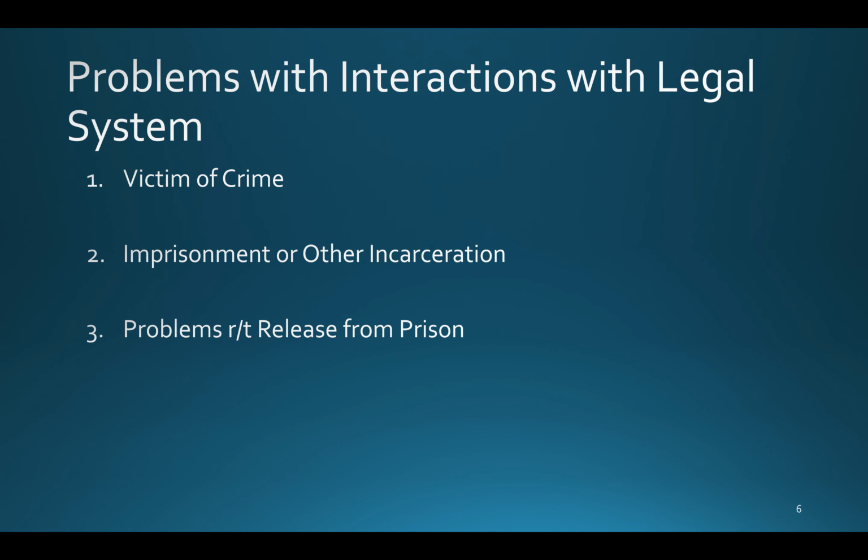Problems related to interactions with the legal system, so we can document being the victim of a crime. We can document imprisonment or incarceration, also problems related to release from prison, issues of adjustment. Now, I'm not listing the actual codes here, but each of these does have a specific code. I just want to mention that so you keep that in mind.